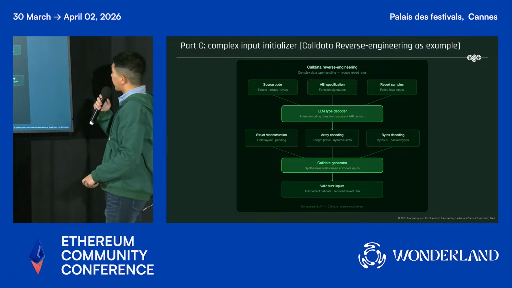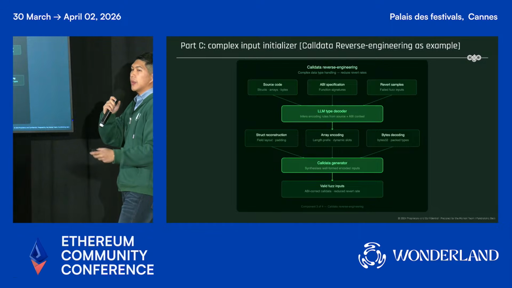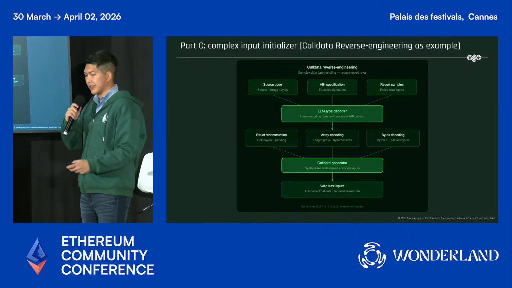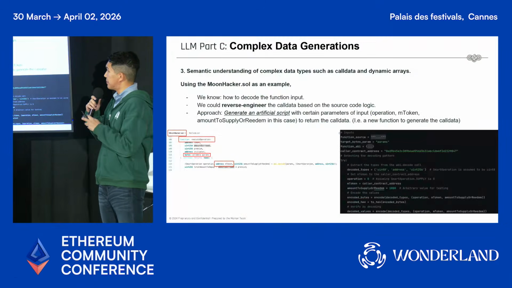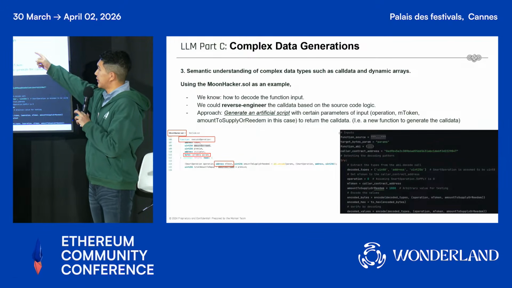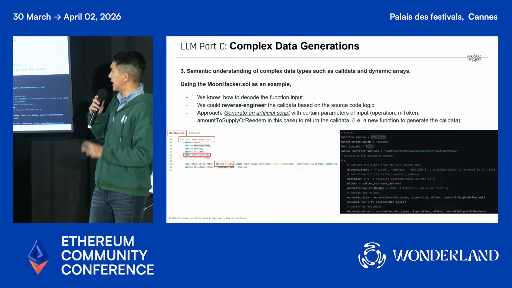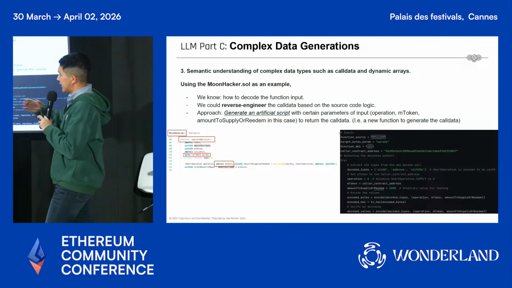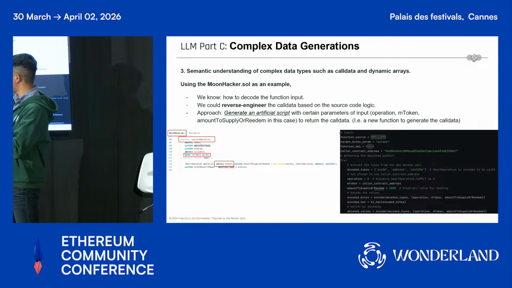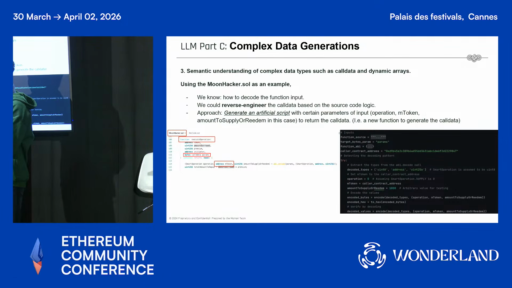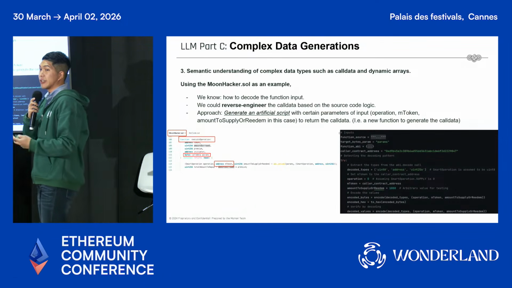Yep. The third thing that we are thinking about is, we were talking about calldata types, those kinds of super weird types. We can let the LLM understand them better. So Moonhacker is another case that got hacked. The hack is that, as long as you put in a calldata that, after they decode it with abi.decode, the whole calldata becomes an mToken, and the mToken is the attacker address, then you pass the validation.